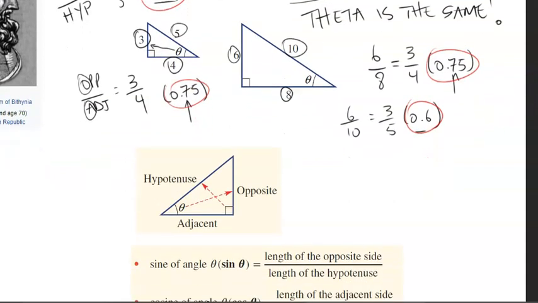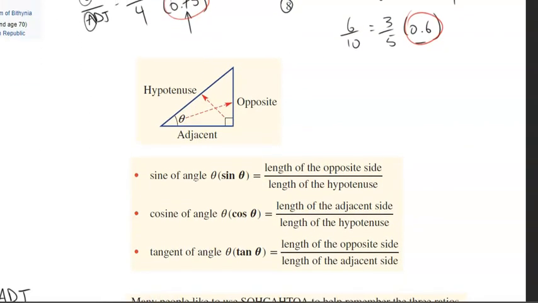Okay. So if we have this angle here, we know this is the opposite and this is the adjacent and this is the hypotenuse. The three terminologies that the mathematicians came up with are sine, cosine, and tangent.